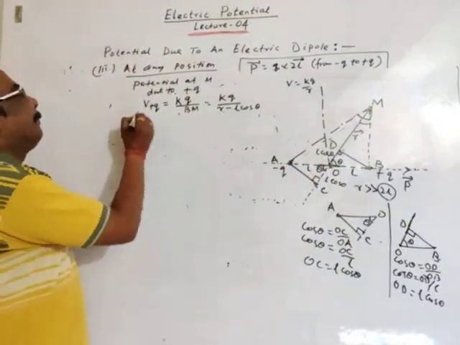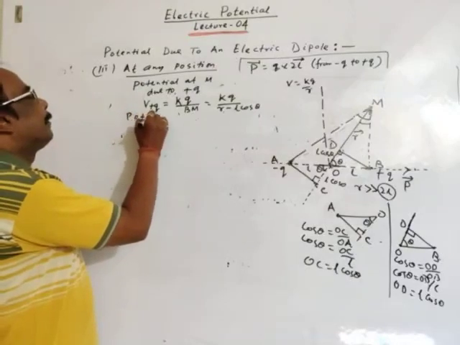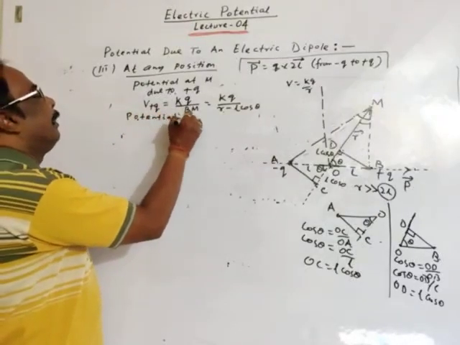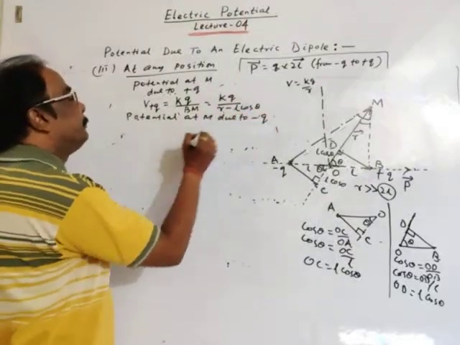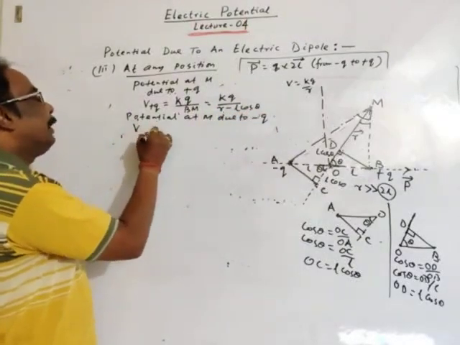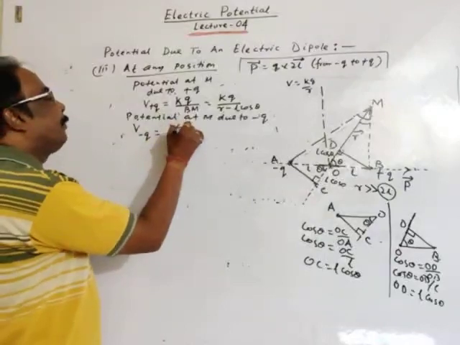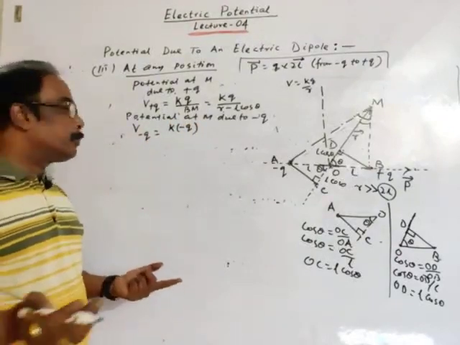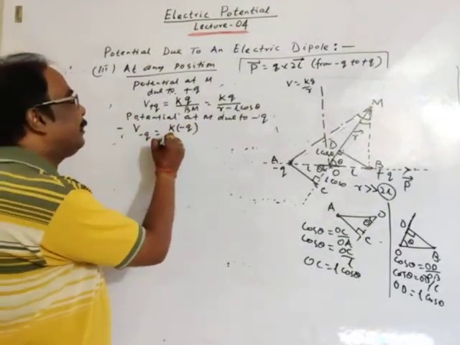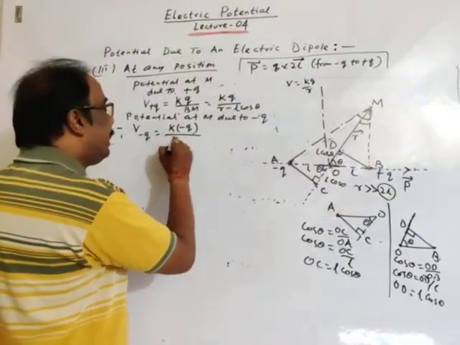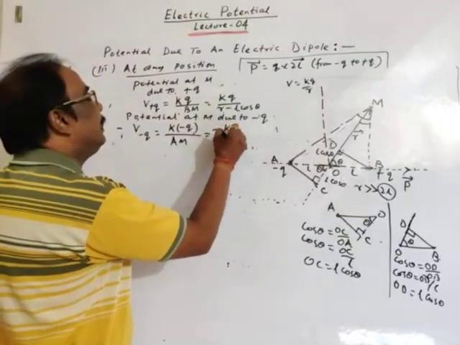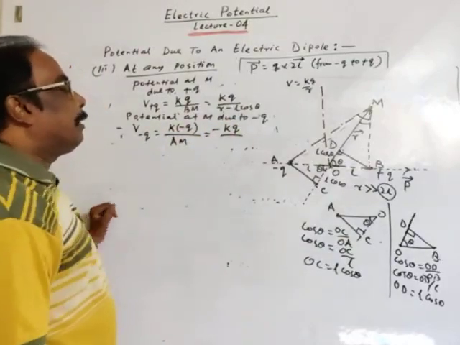Then potential at M due to minus Q. Charge is negative, so potential is negative: k into minus Q divided by distance from minus Q to M, which is AM, and this comes minus kQ divided by AM.